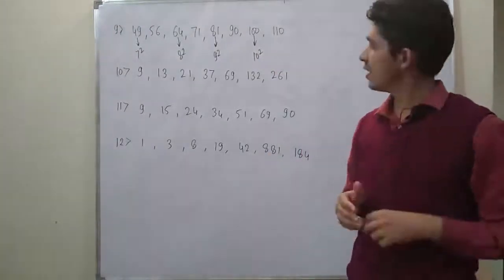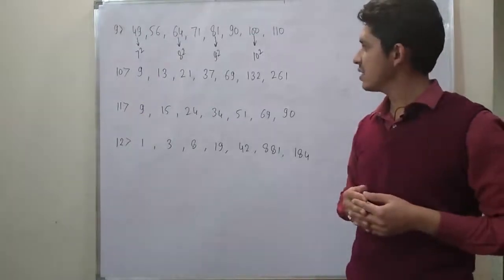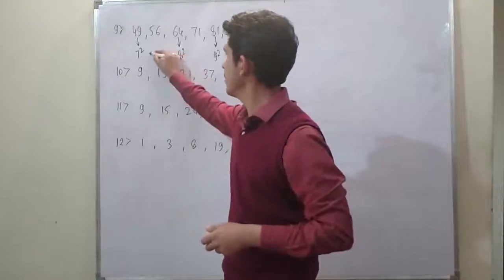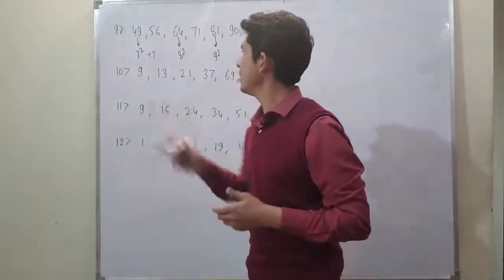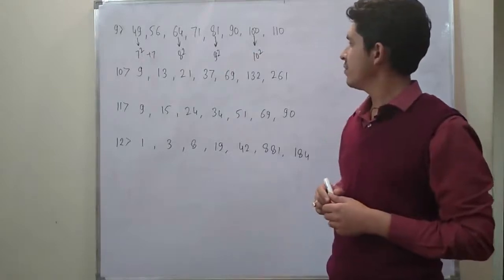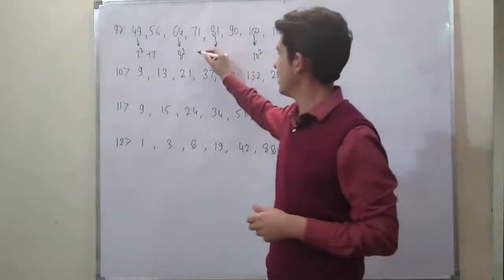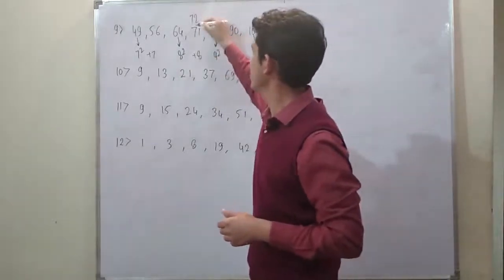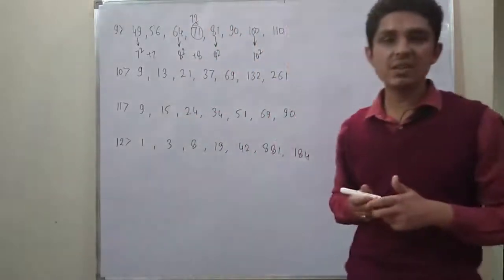What pattern is there in the other numbers? This is 7 square plus 7. If we add 7 to 49, we will get 56. And if we add 8 to 64, we will get 72. That means here 71 is the wrong number.